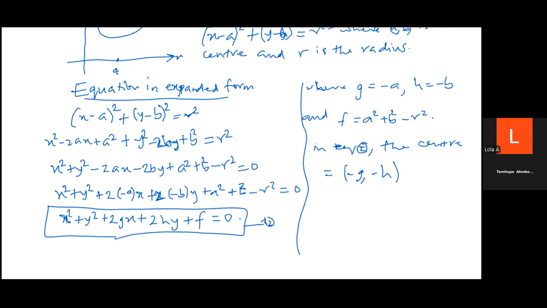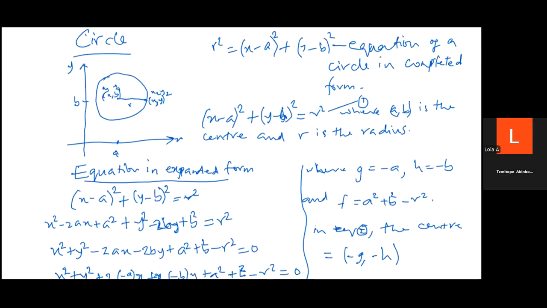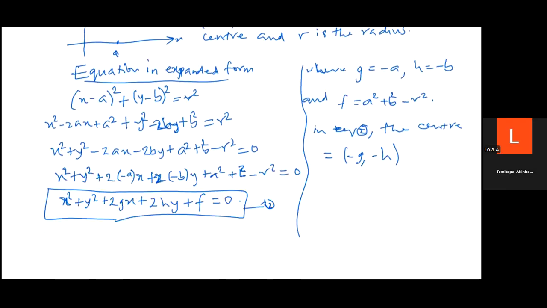Don't forget, in equation 1, I've told you that the center is a comma b. So if g is minus a and h is minus b, that means the center is now minus g comma minus h, which is equivalent to a comma b. So take note of these two.